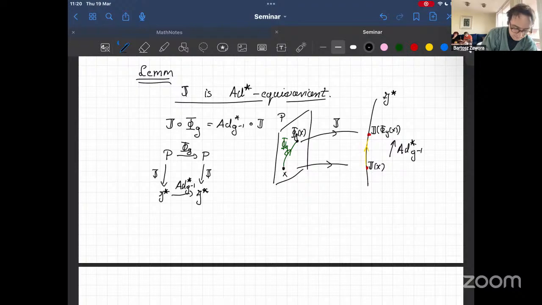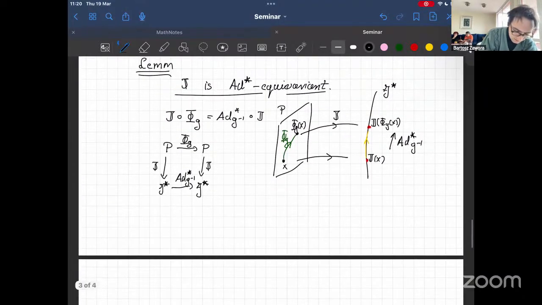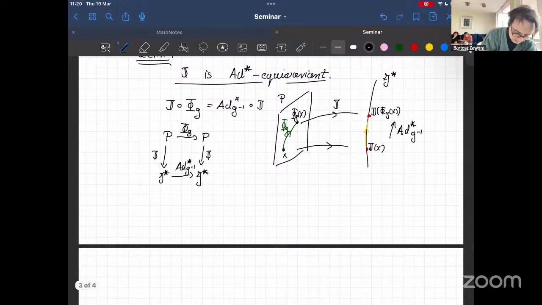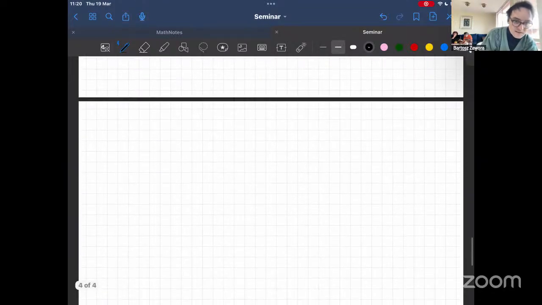Another notion that is useful in the reduction technique is the symplectic orthogonal.